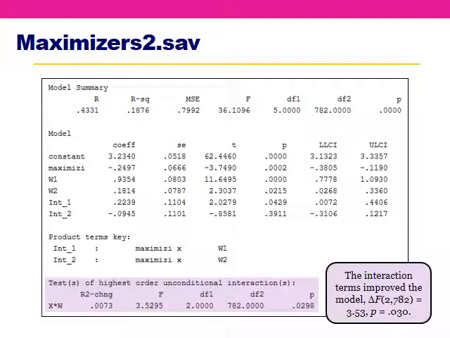Now, if we skip down to the bottom and we look at the F-change test, remember that this test tells us whether adding the interaction improved the model or not.